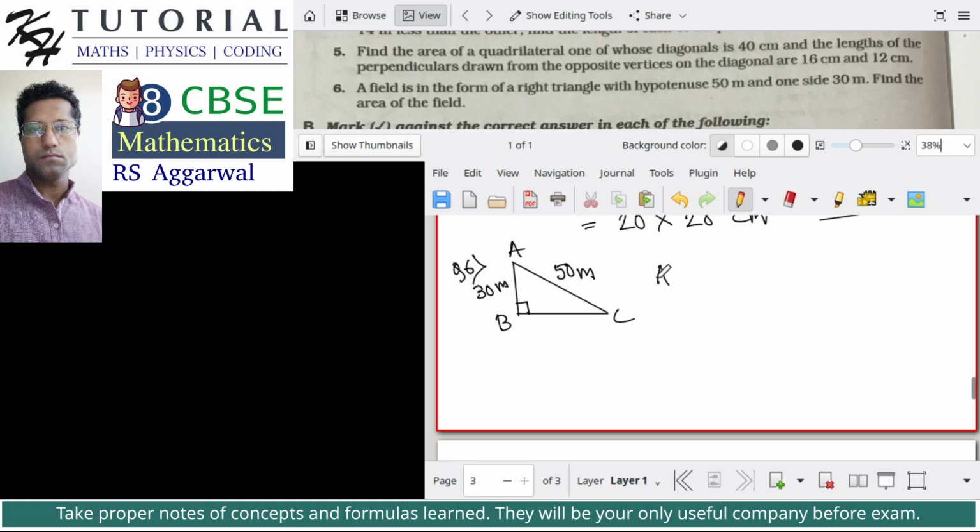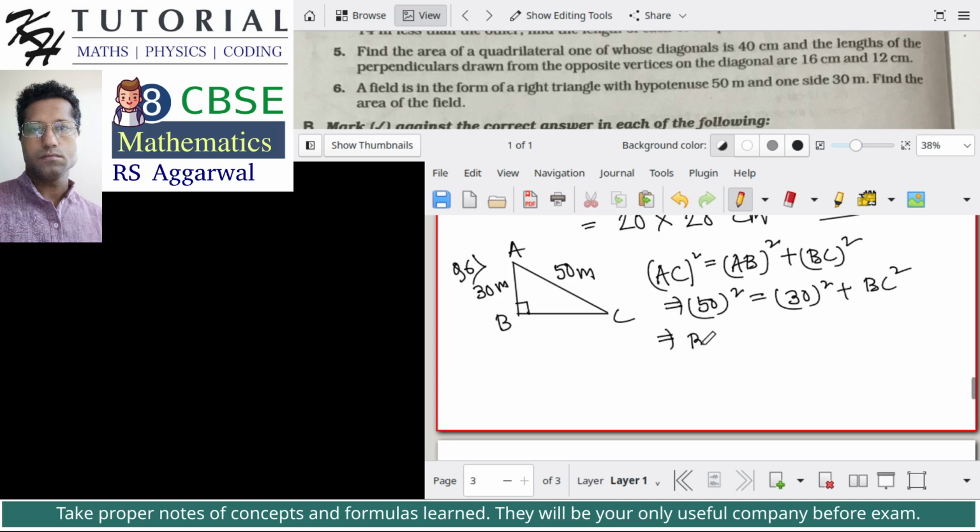So we have from Pythagoras theorem, AC square is equal to AB square plus BC square. This implies 50 square is equal to AB is 30, and we have BC square. So this implies BC square will be equal to 50 square minus 30 square.